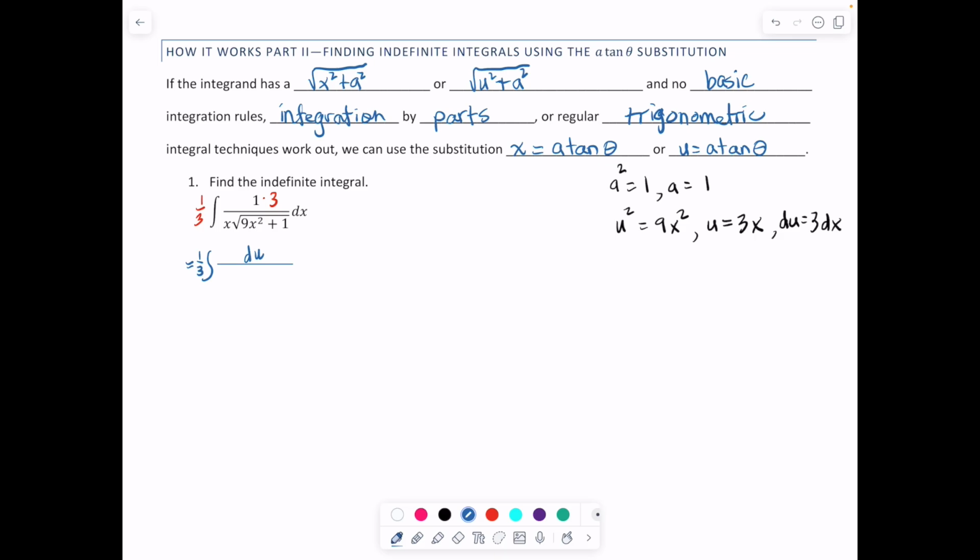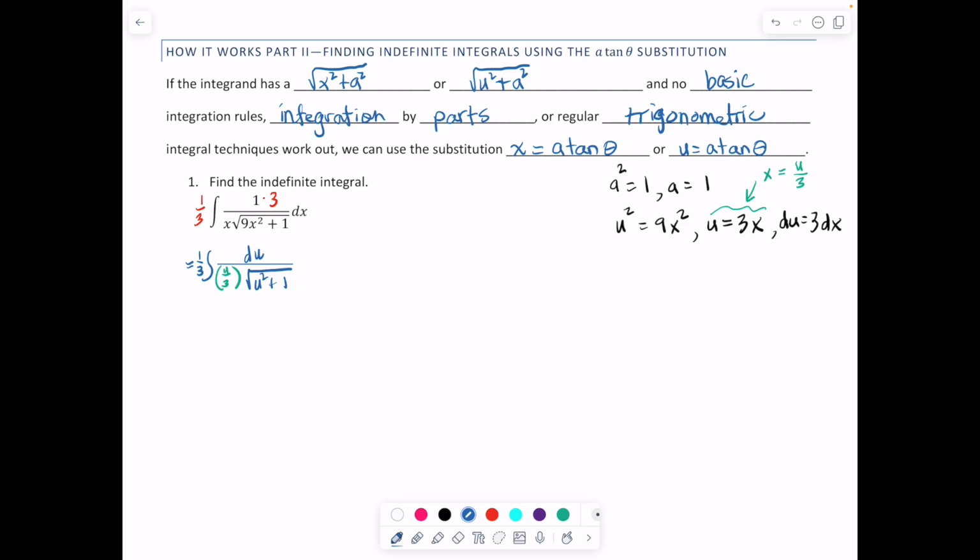So if I take a look here at this isolated x, I would have x is equal to u over 3. All right, so I'll write that in the green, u over 3. And then, continuing, we would have u over 3, my bad, times the square root of u squared plus 1, which is 1 squared.